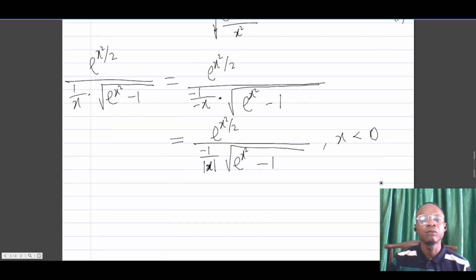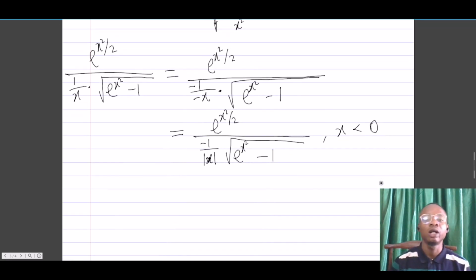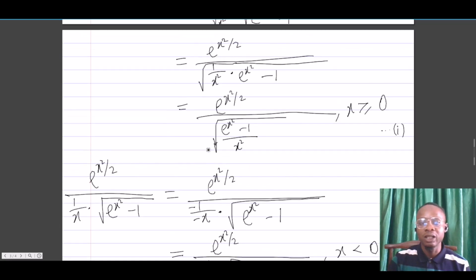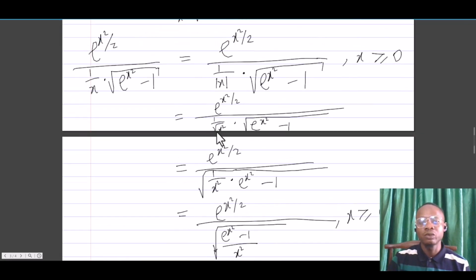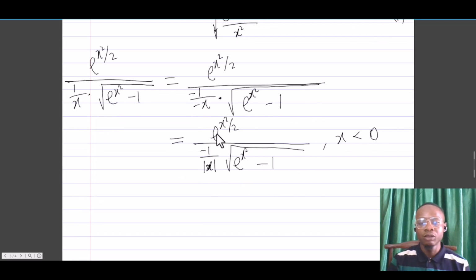So that is the idea. That is the way we can work around this. We know then that modulus of x, like we did here, is root of x squared. So we can now replace this, and put the minus in the numerator. This is going to be minus e to power x squared over 2 divided by minus 1 over root of, sorry, minus is not in the denominator any longer.